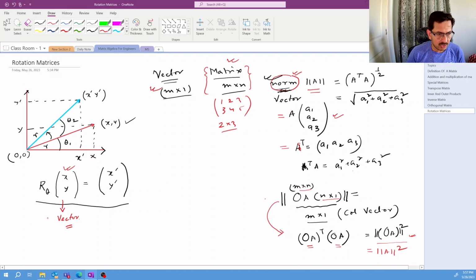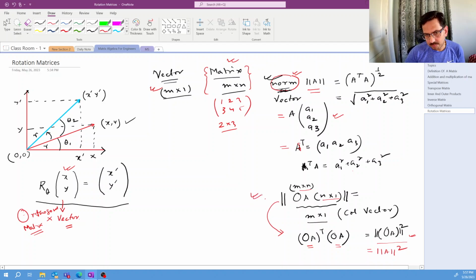I'll multiply this by an orthogonal matrix, and that will give me the new point. And why? Because if we multiply a vector by an orthogonal matrix, the length of this vector is not changing.